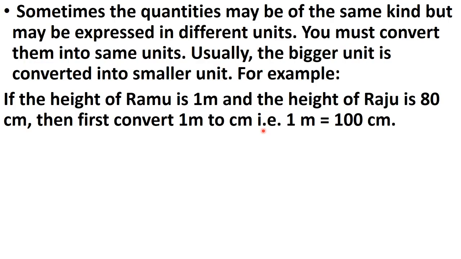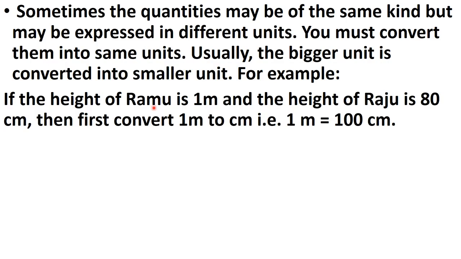Though we are comparing the height only of both the boys, the units are different. One is in meter, another is in centimeter. So we will convert this 1 meter into centimeter. We will convert the bigger unit into the smaller unit. How we will convert? We know that 1 meter is equal to 100 centimeter.